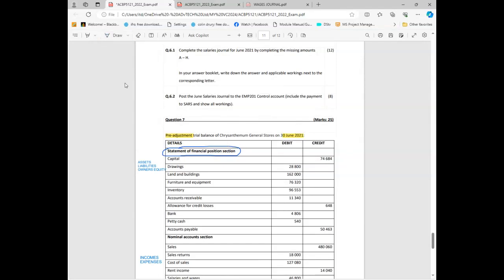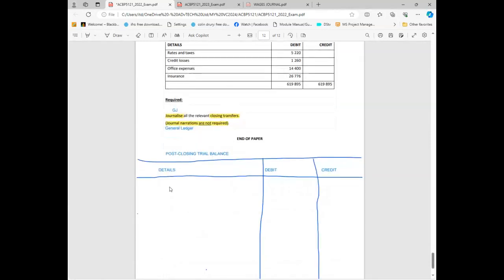Can you see? Yes, sir. They only want you to show this section. And what is this section? The statement of financial position. Some people know this section as the balance sheet section.